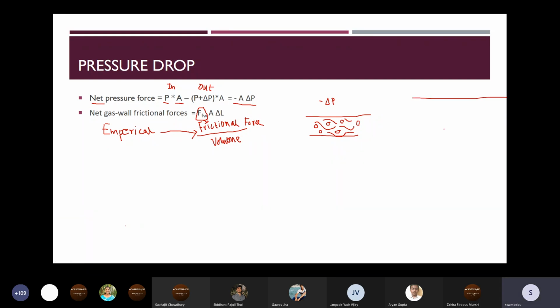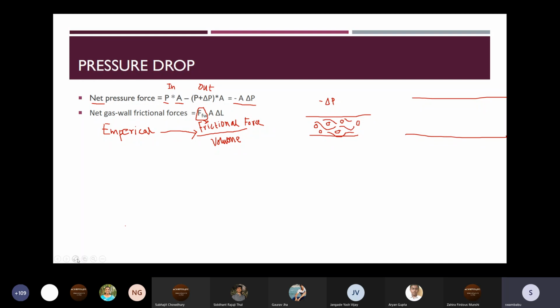So the fluid is flowing, right? Let's say some particle is here, and this is a fluid particle. This is not the solid particle. Just for explanation, maybe I'll change the color. The question is, I think I'll repeat it. Here the gas wall frictional loss nearly takes place near the wall.